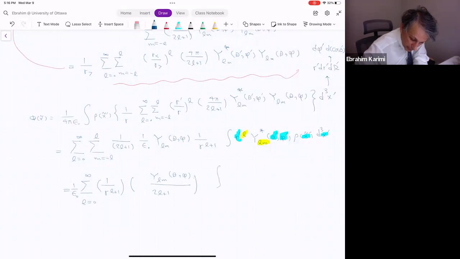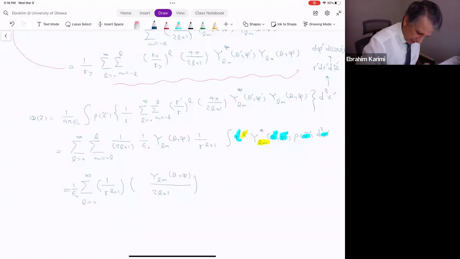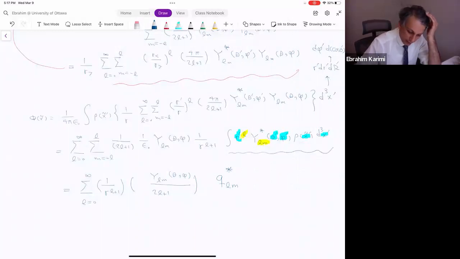And then I have the integral of R prime power of L, YLM theta prime, phi prime, rho of these. The entire integral, maybe with 1 divided by epsilon 0, I call it QLM star. Okay, so the entire integral with 1 divided by epsilon 0, I will call it QLM.